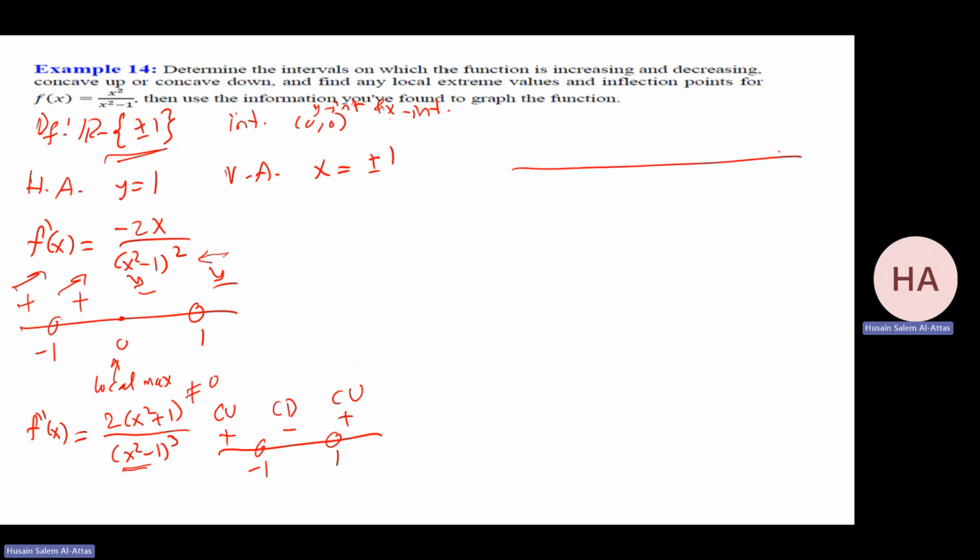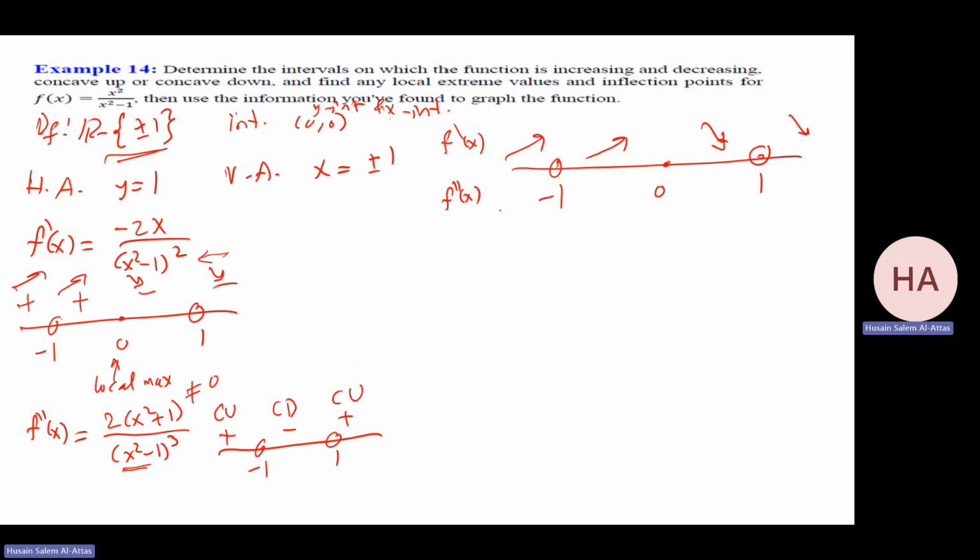Let me put it in one diagram: one number now, one test interval, 0. This is 1. I have f prime, I have f double prime. F prime: it's increasing, then decreasing.